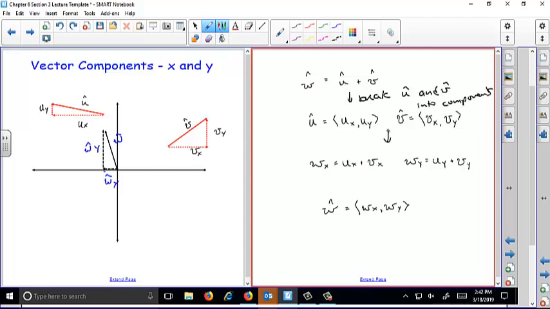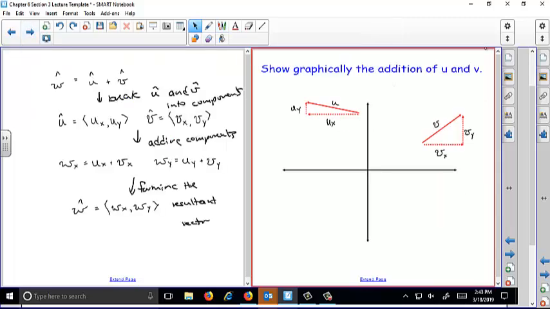Then from here to here, we're adding components, so we add the x components together. And then here we're forming the resultant vector by taking these components of the resultant vector and putting them in as the coordinates of the vector w.